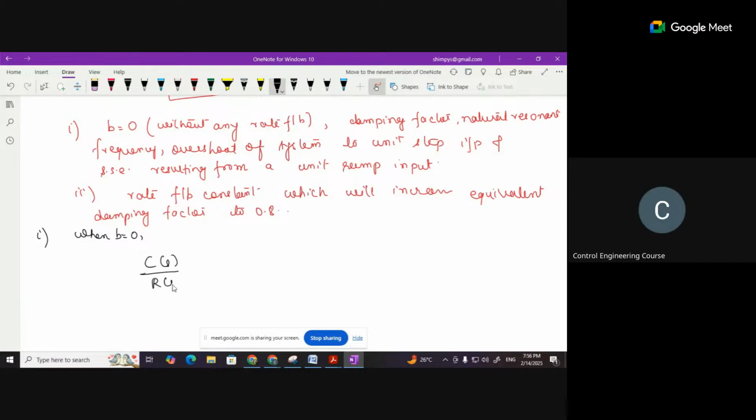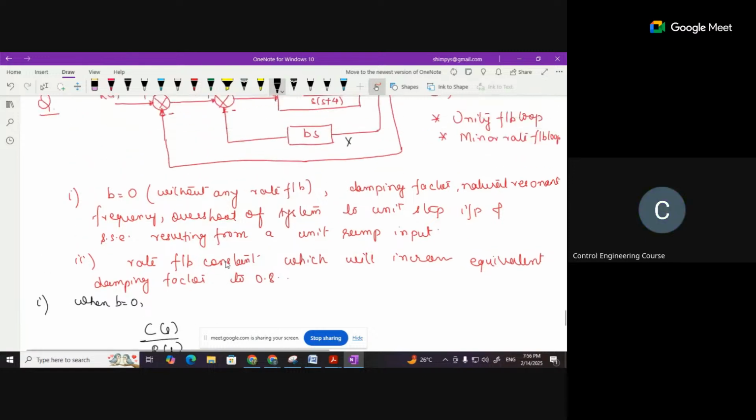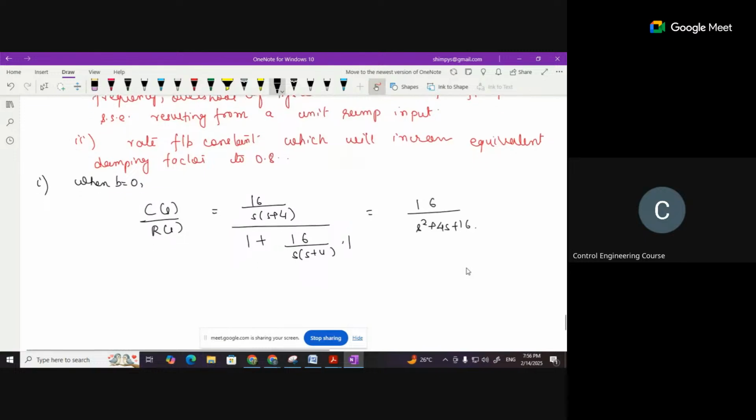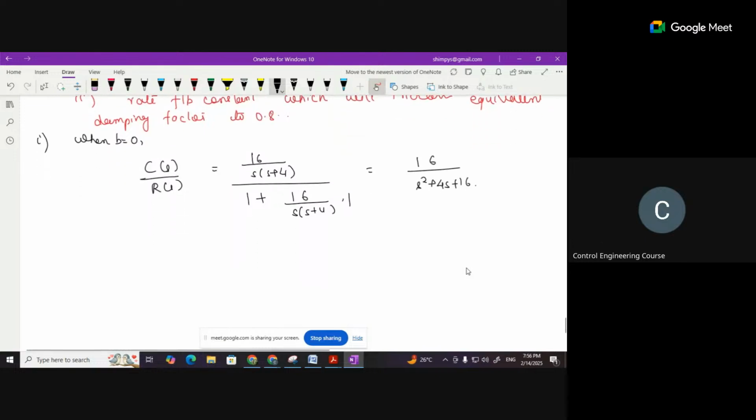We can just see C(S) by R(S) is equal to G(S) by 1 plus G(S)H(S). So 16 by S plus 4, divided by 1 plus 16 by S plus 4 into 1. So this comes out to be 16 by S square plus 4S plus 16. Now we can compare this with the standard transfer function for a second order system, which is omega n square by S square plus 2 zeta omega n S plus omega n square, right?